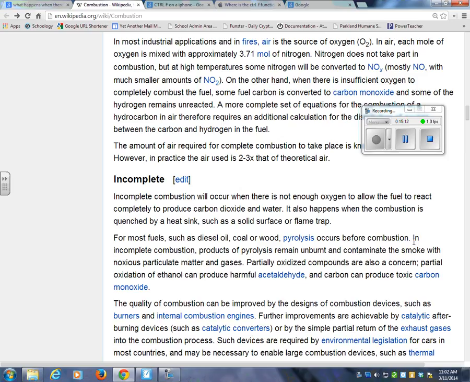Eventually the oxygen is going to run out, and you're going to get incomplete combustion. Your furnace might die. You would likely die before that. That's why you have carbon monoxide sensors and natural gas alarms.